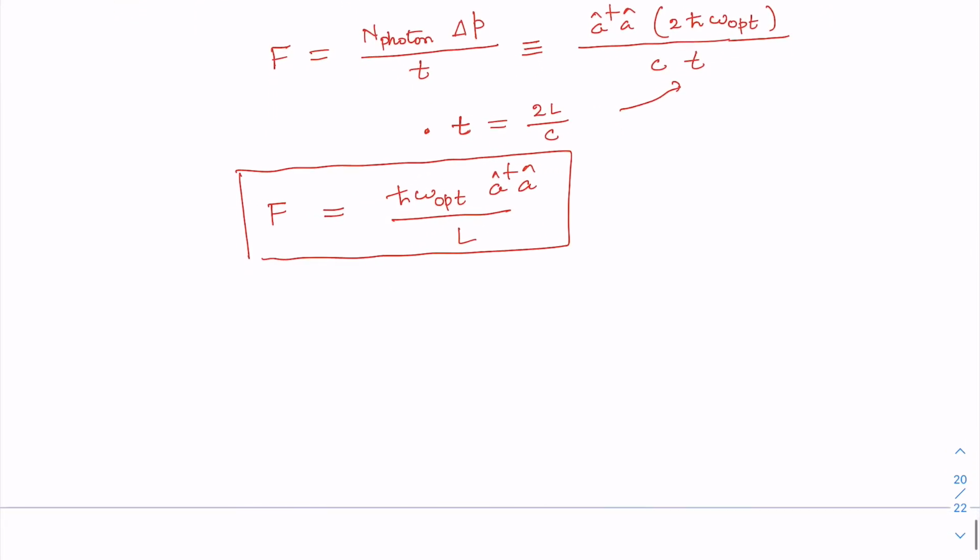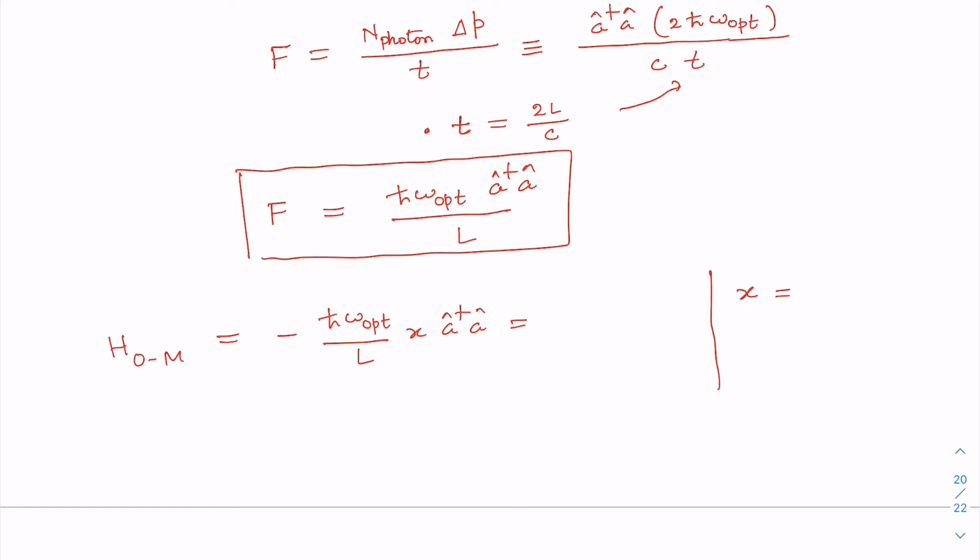Now this particular interaction term can be written in a more familiar form. That would be h cross omega optical by L x a dagger a. Here x is the displacement of the movable mirror.